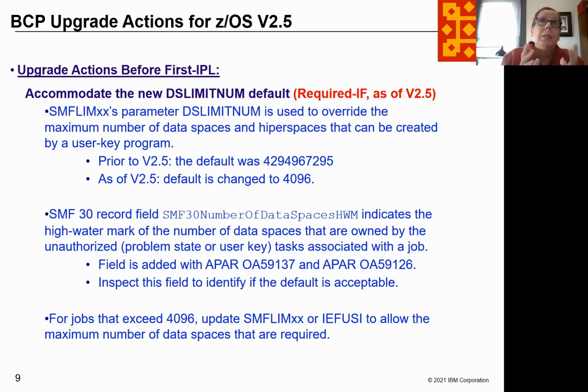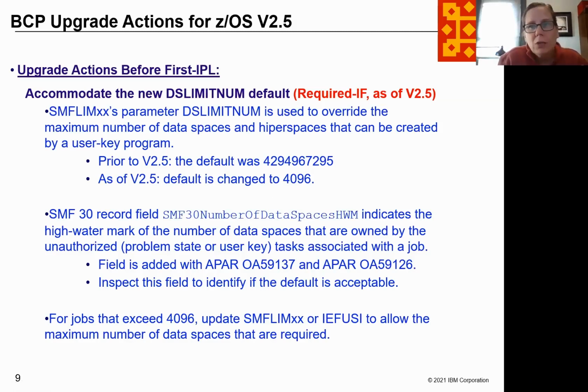The DS limit num is the value which is the maximum number of data spaces and hyperspaces that can be created by a user key program. Okay. So you can see prior to zOS 2.5, this number was absolutely massive. And that number is way too big for a system, especially for a user key program. So in zOS 2.5 we've lowered the default down to a somewhat reasonable number, 4,096.